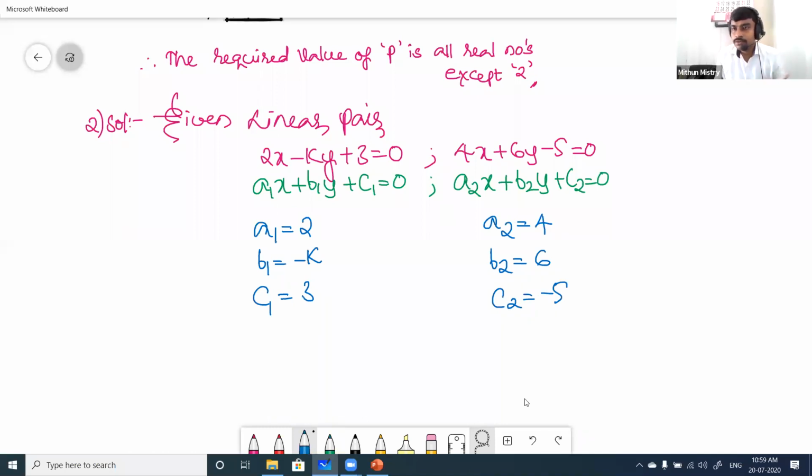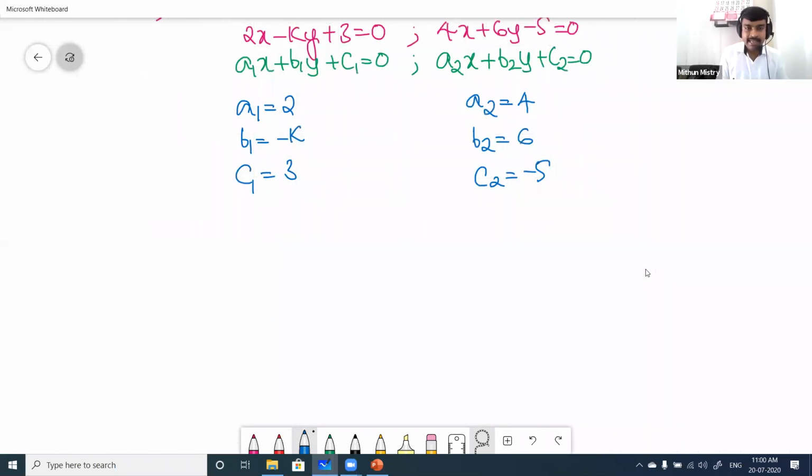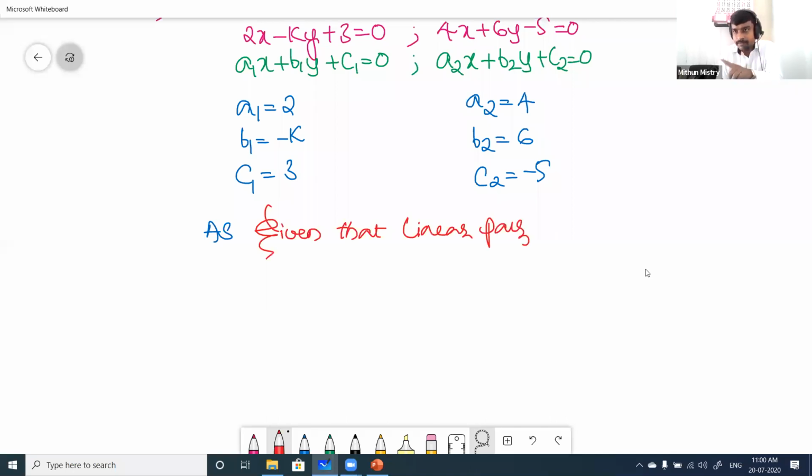What you want is K. And what is the condition which is given? The condition is that they are parallel. So here we will write, as given, that linear pair is parallel, not are parallel.